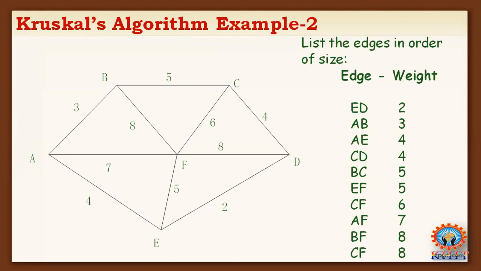When planning to solve the problem using greedy strategy, the first thing is to arrange the edges according to the increasing order of their weights. Here in the given table, I can arrange the edges in increasing order according to their weight or cost of the graph. So this table is to be generated initially.